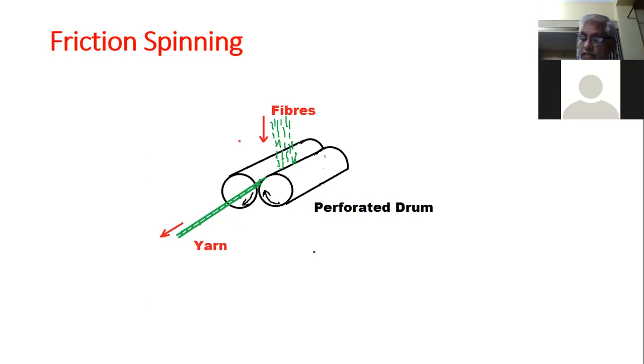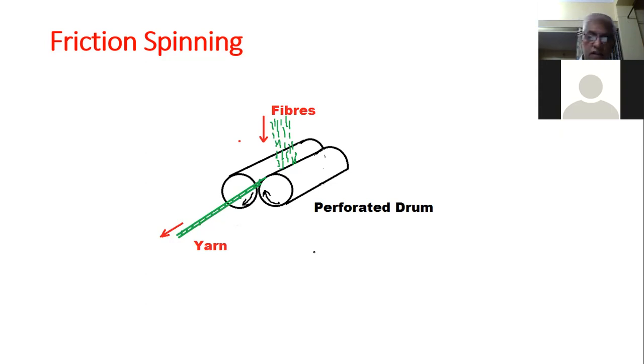Breakage rate is very less. We are getting a yarn similar to ring spun yarn. There are no wrapper fibers as in case of open end spinning or air jet spinning. Evenness is good, and there is a soft handle of the yarn.